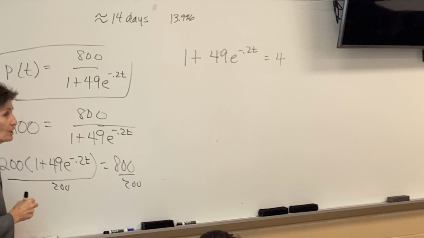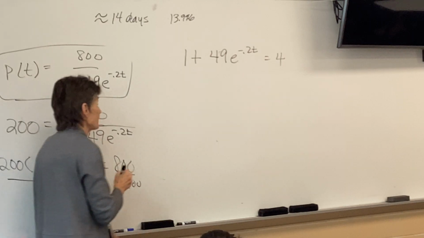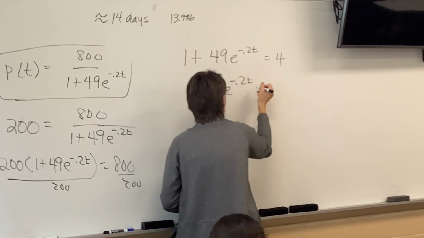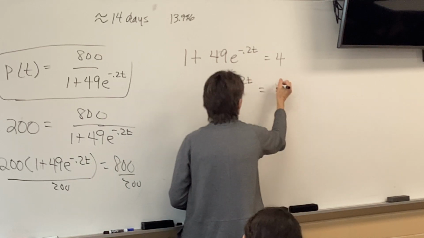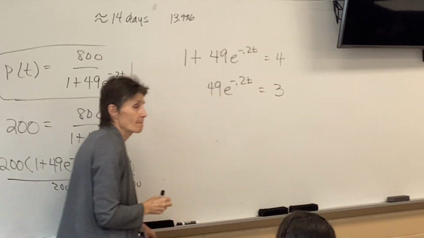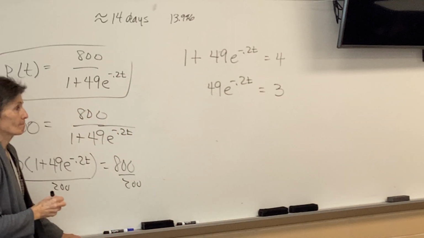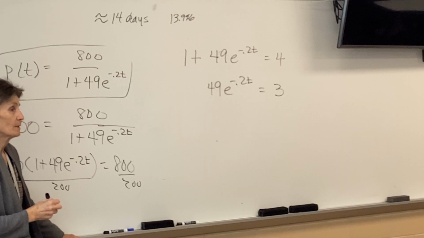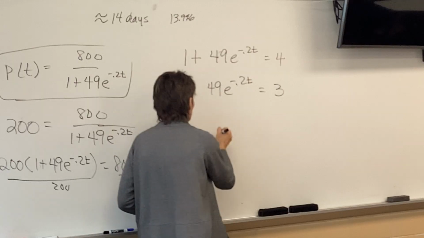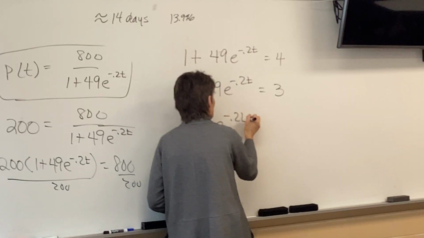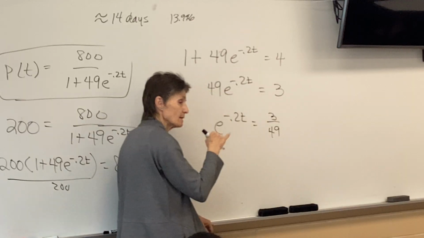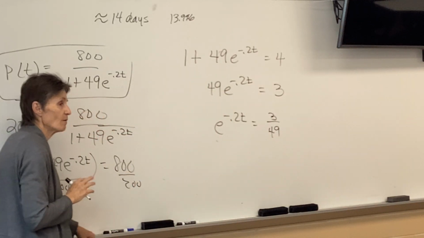Now what do you think I'm going to do? Subtract the 1. So 49 e to the negative 0.2t equals 3. Now what do you think I'm going to do? Divide by 49, beautiful. So e to the negative 0.2t equals 3 over 49. That doesn't reduce, just leave it be.